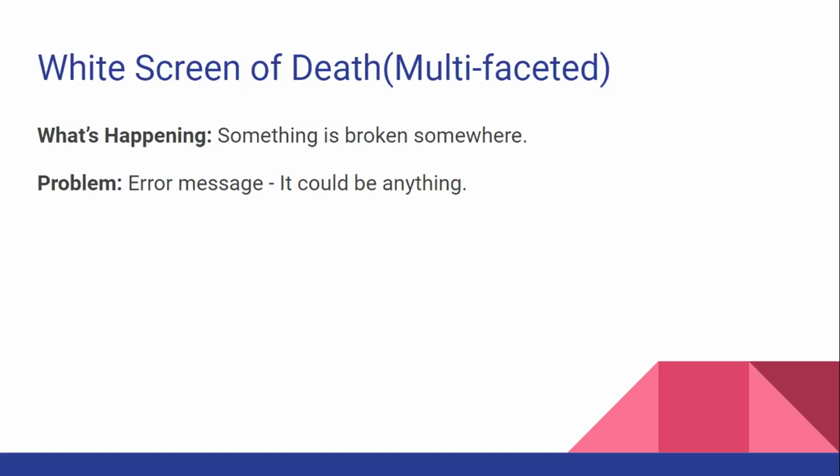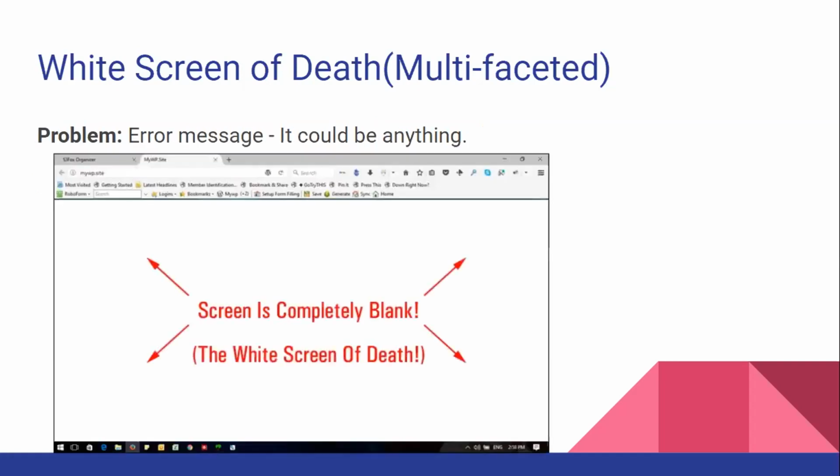So my solution to this problem, or how I normally go about troubleshooting it, is, for example, if you go to your site and you notice that your site is completely blank and it's not supposed to look that way, something is definitely wrong.